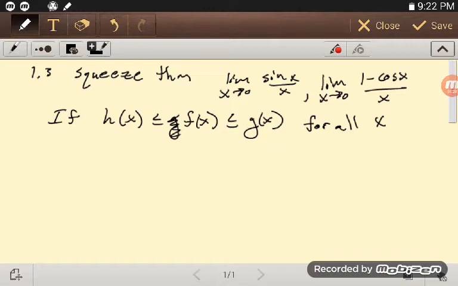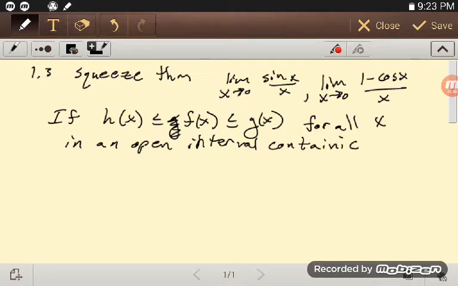So you could actually say for all x in an open interval containing c, except maybe c.